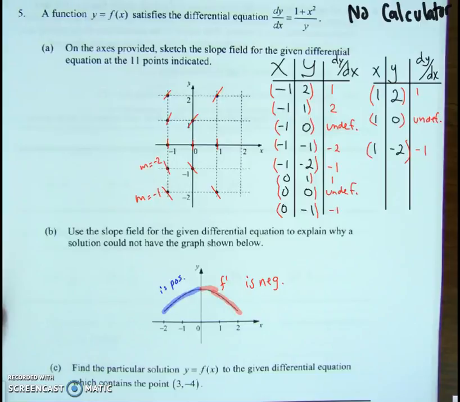So the slope is the derivative. Notice that above the x-axis in quadrant 2, we have a positive slope. However, above the x-axis in quadrant 1, we have a negative slope. In our slope field, all slopes are positive.